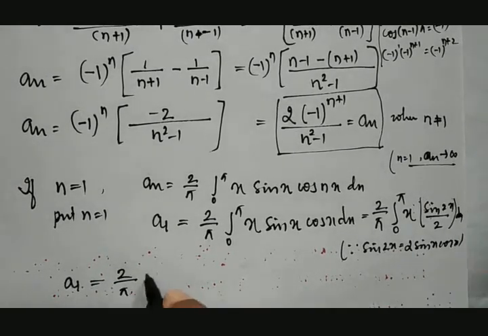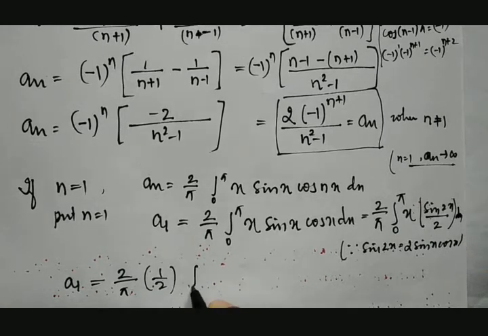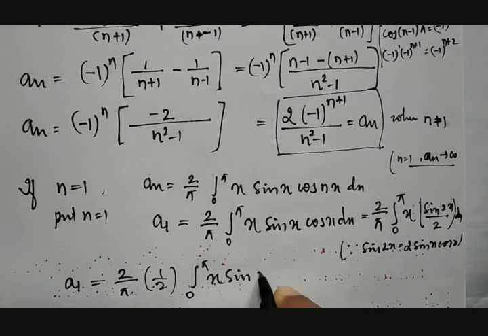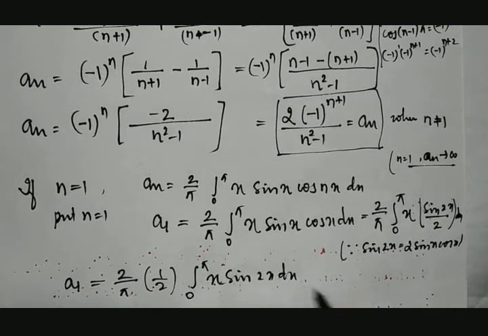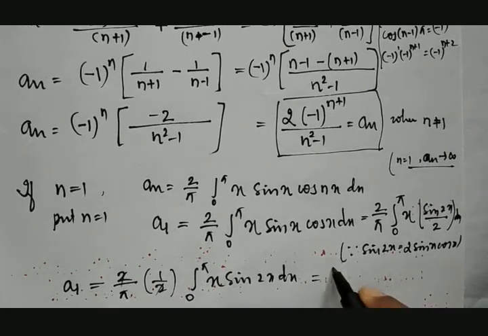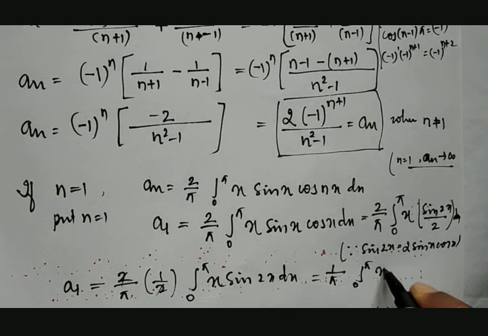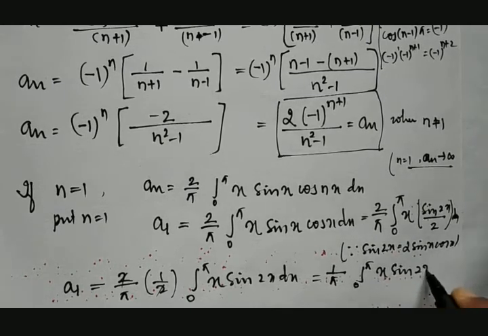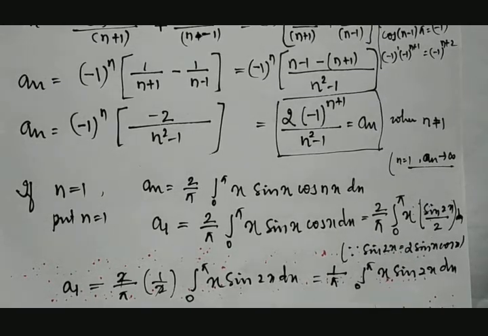Fine. Therefore, a1 is equal to 2 divided by pi. This 1 by 2 I'll keep outside. Integration between 0 to pi x into sin 2x with respect to x. Fine. So here the 2s get cancelled. It becomes 1 divided by pi integration between 0 to pi x into sin 2x with respect to x.